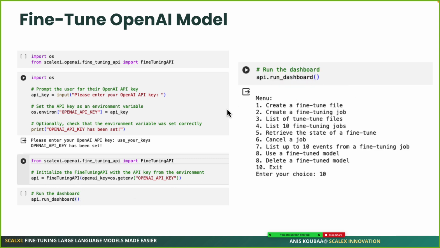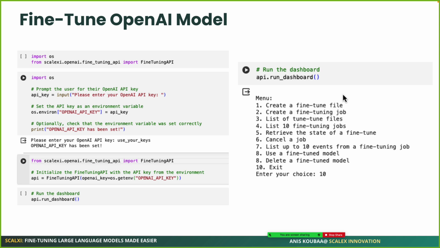When you call the dashboard, you have this menu. For example, if you want to upload your file, just press 1. Provide the information about your data set, and it will be uploaded to the OpenAI Cloud. If you want to get started, just press 2. You can create a new fine-tuning job. You specify the file ID that you can get from the OpenAI portal, you submit it here, and it will start a new fine-tuning job.